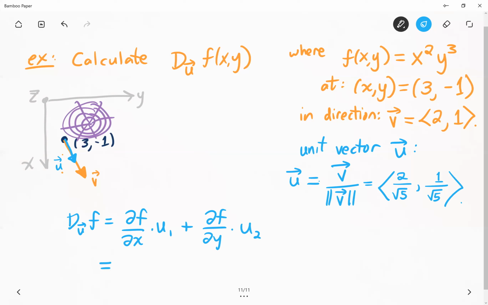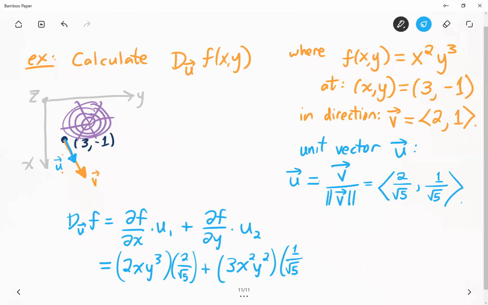Right, so the df dx, done that a couple of times, that's 2x y cubed. That's going to get multiplied by u1, that's 2 over rad 5, plus df dy, that's 3x squared y squared. u2 is that second component, so that's 1 over radical 5. And finally, we want to evaluate that at the point 3, negative 1.